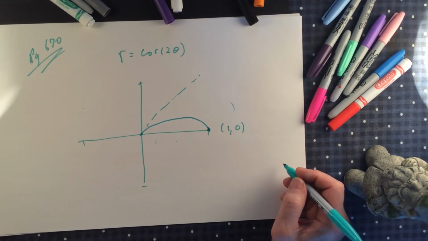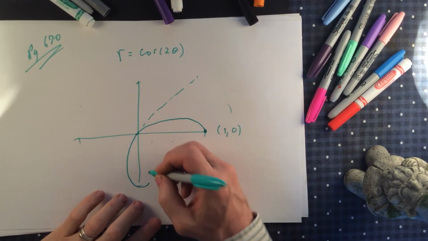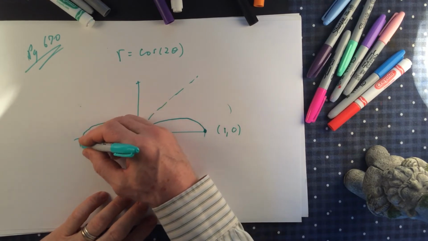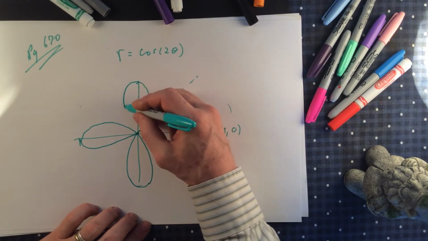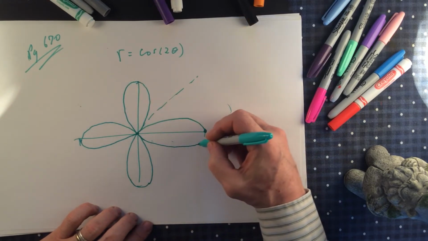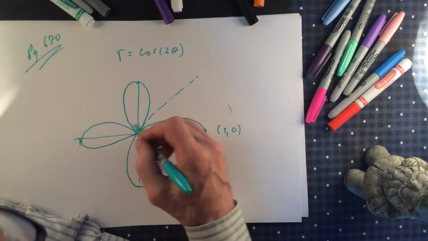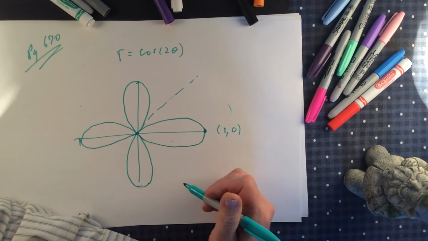Well, it'd be nice to keep going and discover that it looks like this. And now you can ask yourself, how often do we come back to 0 to create this?